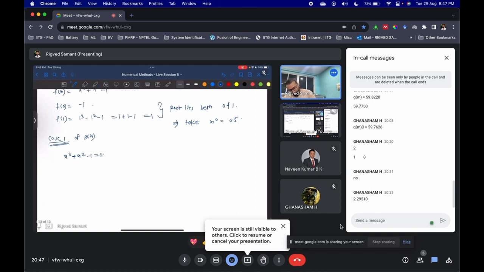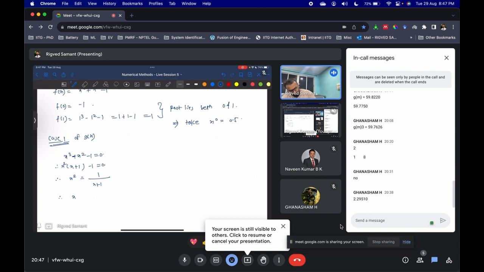Here you can take x square common, so x square times x plus 1, therefore x square is equal to 1 divided by x plus 1.